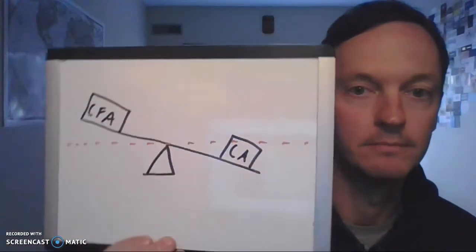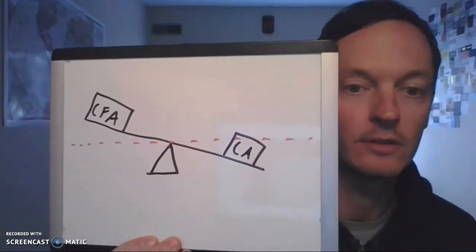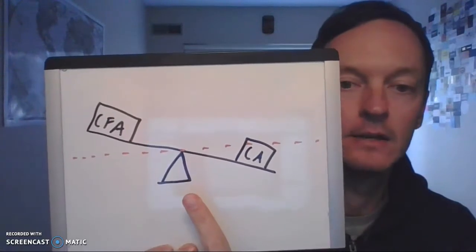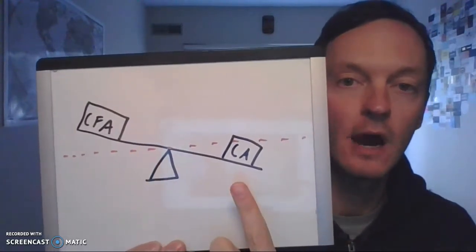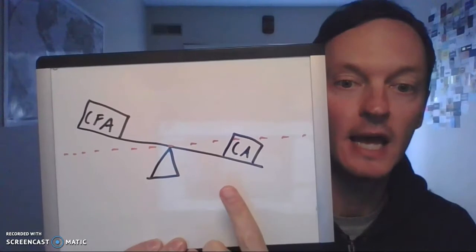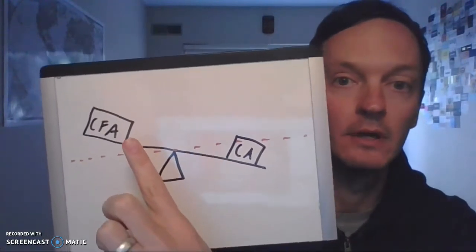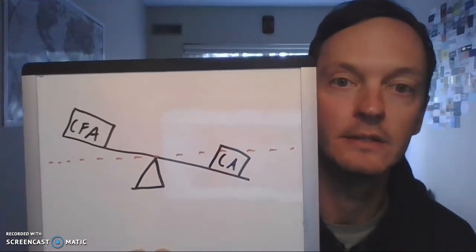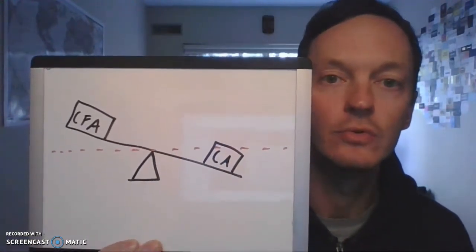You'll see here you've got the fulcrum in the middle, for those who are into science. On one side, you've got the current account, here represented by CA, and on the other side, the capital and financial account.